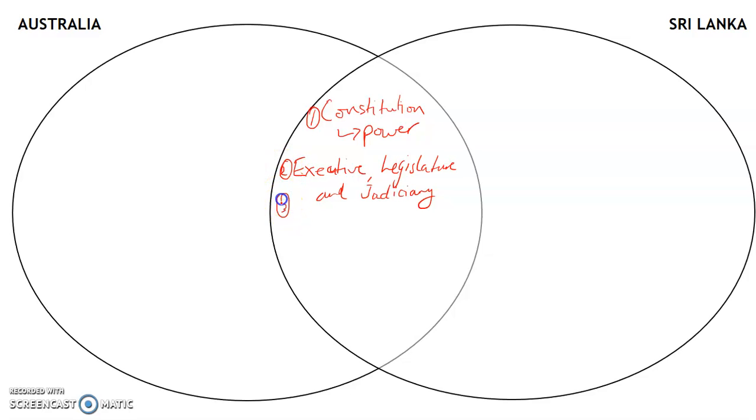The Prime Minister has a considerable amount of power and is the leader of the party with the most seats. And both are representative democracies.